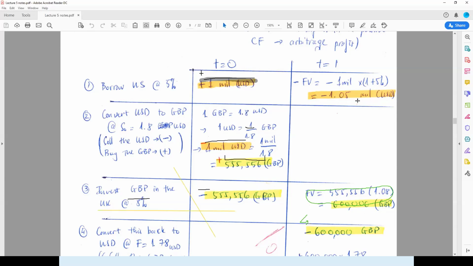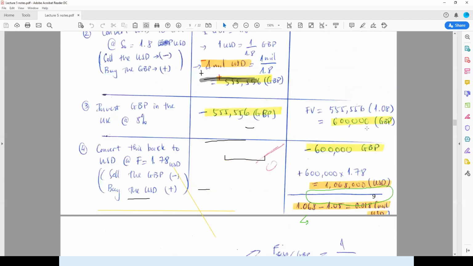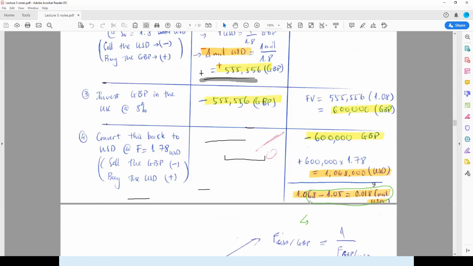So this is how much we need to pay, 1.05, okay, for my loan. So as a result, my arbitrage profit would be the difference between this number here and how much I need to pay my lender, okay? So that will be the difference between 1.068 and 1.05, okay? So overall, I have earned about 18,000 USD, okay?